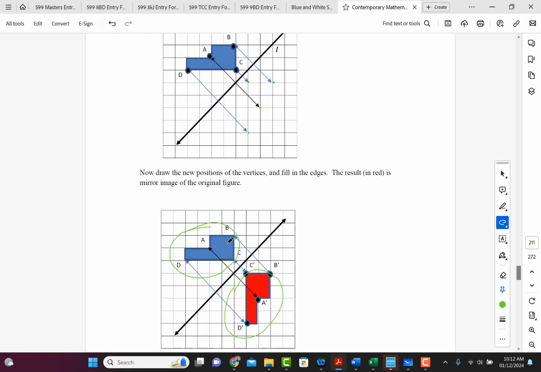The red is a mirror image of the blue image. And so we get the same thing when we connect the dots.